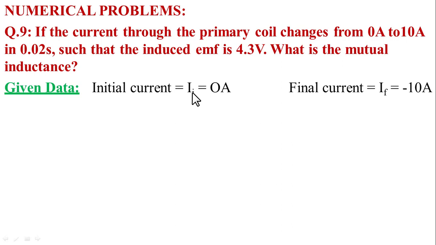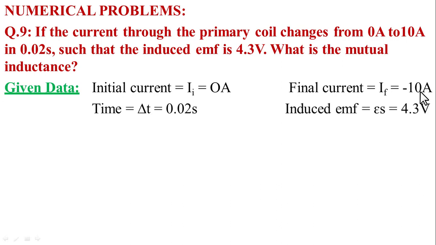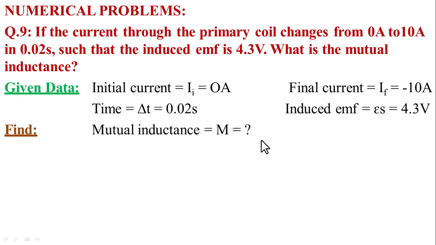Initial current Ii is equal to 0 ampere and the final current If is equal to 10 ampere. Now the time delta t is equal to 0.02 second and induced EMF is equal to 4.3 volt.